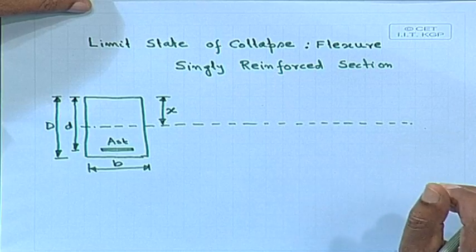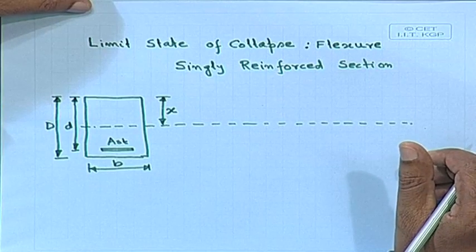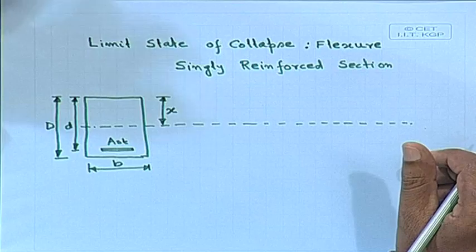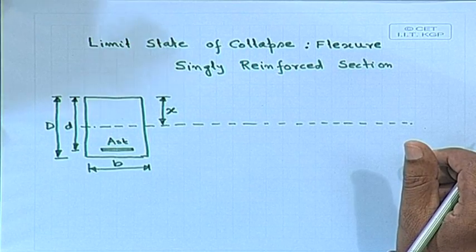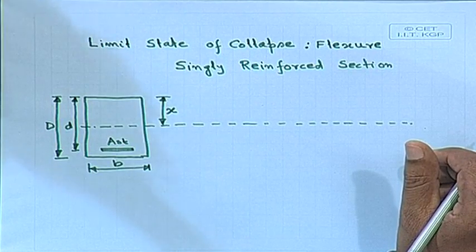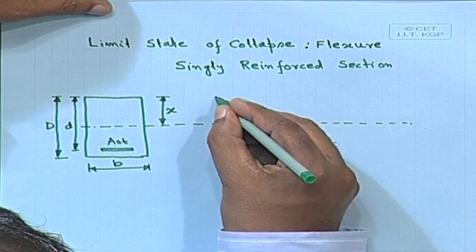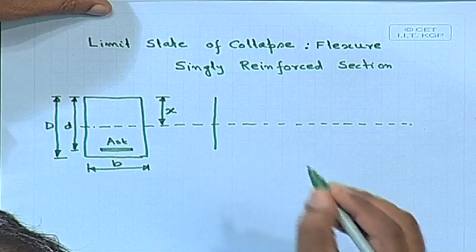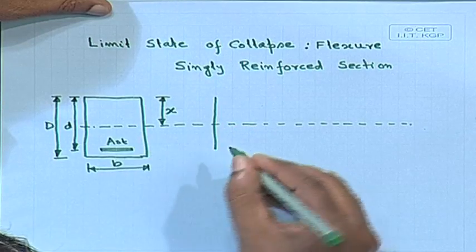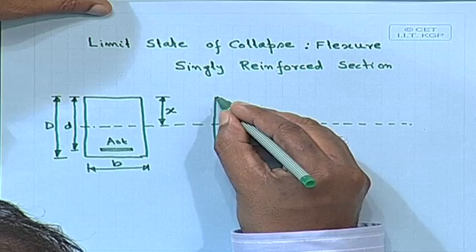In the working stress method, we have not taken the strain criteria, but in the limit state method we are specifying the limiting value of strain. For concrete, the limiting strain is 0.0035, that you should always remember, 0.0035. We shall go up to the steel position.